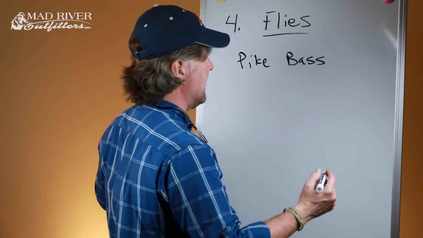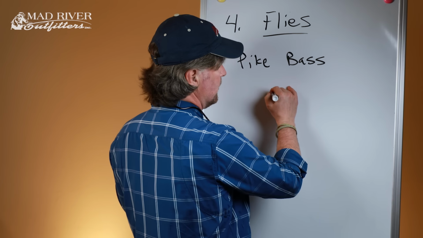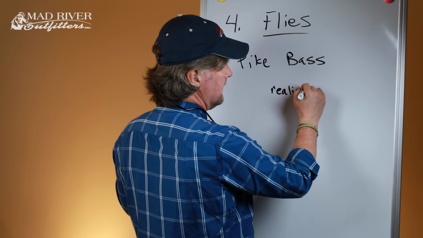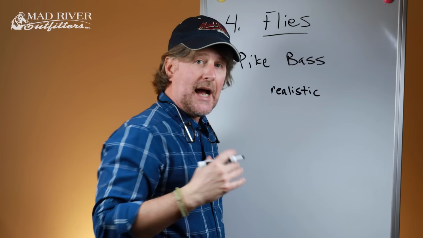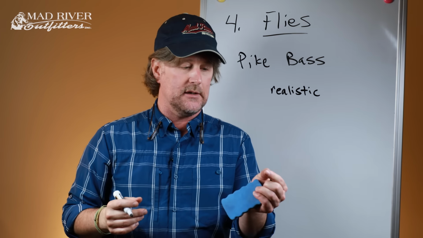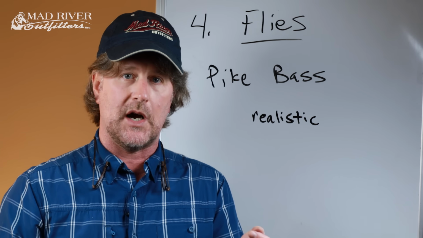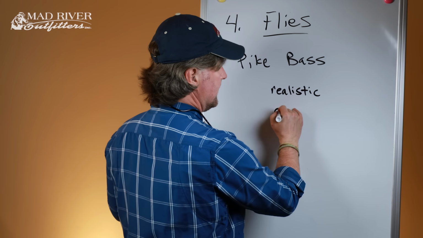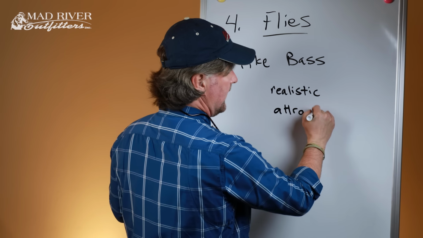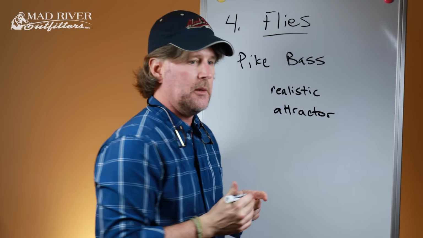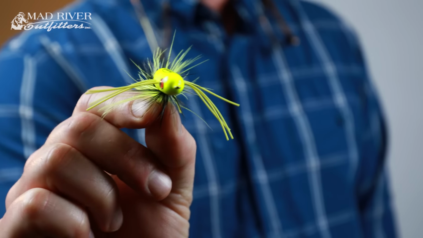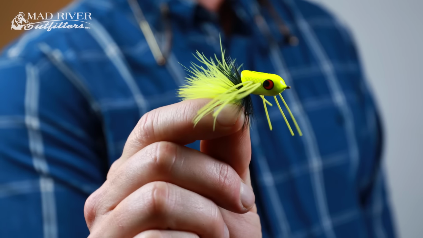They also, you might get into realistic flies that actually look like the real thing. You look at it in a fly shop and you'd swear it's a real frog, or it might just be an attractor type fly. For example, Sneaky Pete, or a Boogle diver that we sell here at the shop.